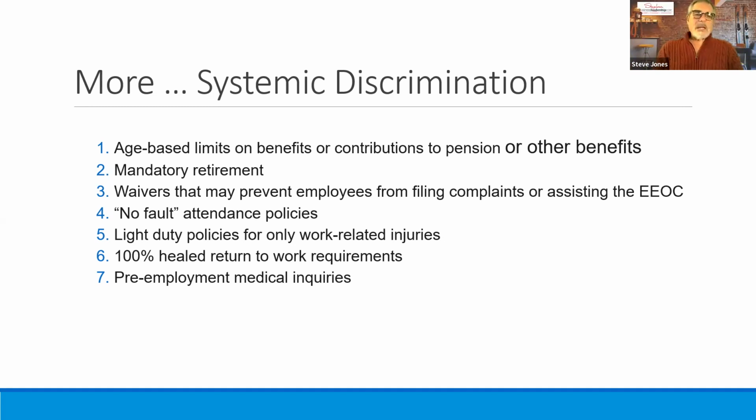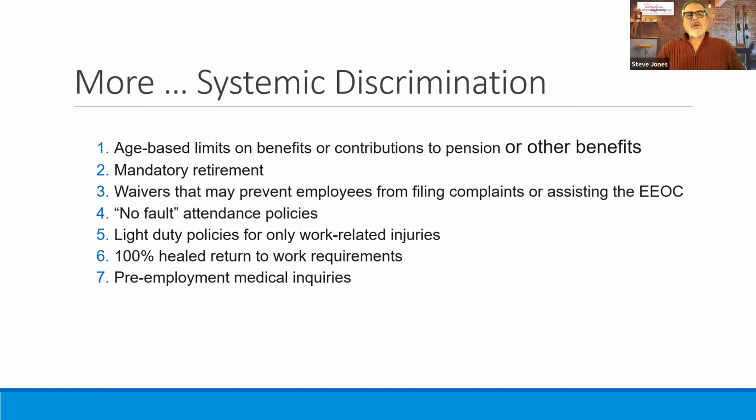Here's an interesting one. Light duty policies for only work-related injuries. So we have these things called modified work programs where a person gets injured at work and they go on workers' compensation, they receive benefits, and then they start to recover. They had a wrist or hand injury, and they can now start to use their hands, but they can't do high dexterity work for long periods of time. They need to do more large motor muscle type of activities.